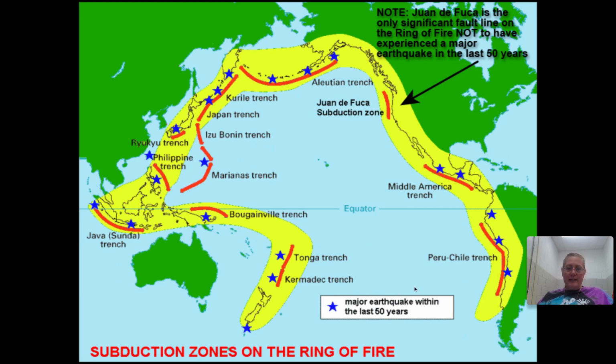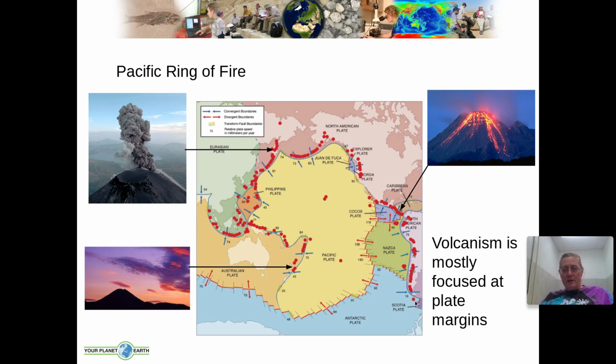Notice not only is it a hot zone for volcanoes, but they have major earthquakes as well. So if you want to live in a very active plate tectonic area, here's where you want to live. If you don't want earthquakes and volcanoes, these would be areas you might want to avoid living. And all these dots are volcanoes.